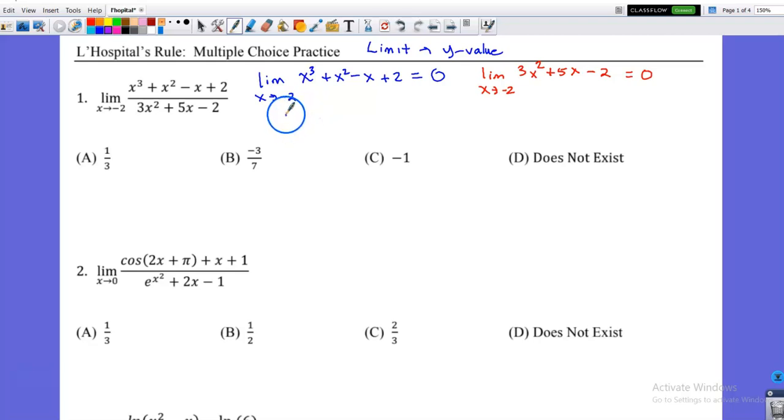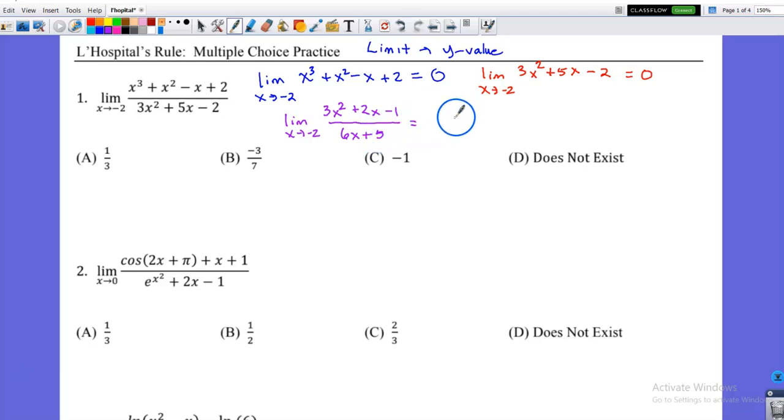L'Hopital's rule says, under these conditions, find the limit as x goes to -2, take the derivative of the numerator, which is 3x squared plus 2x minus 1. Take the derivative of the denominator, which is 6x plus 5.